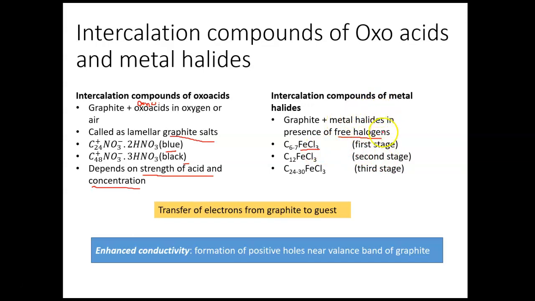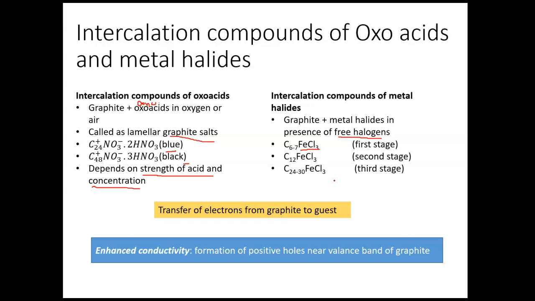The first stage intercalation compound formed by graphite and ferric chloride is C6-7 FeCl3, the second stage intercalation compound will be C12 FeCl3, and the third stage will have the formula C24-30 FeCl3. You can compare this to the first, second and third stage intercalation compounds that you observed in the graphite intercalation compounds of alkali metals.